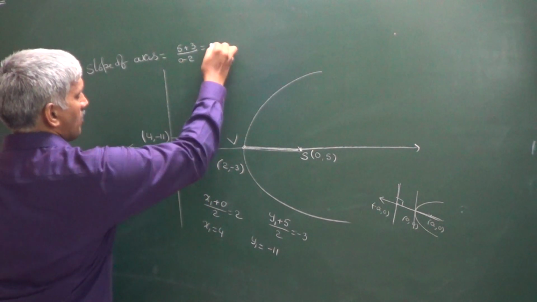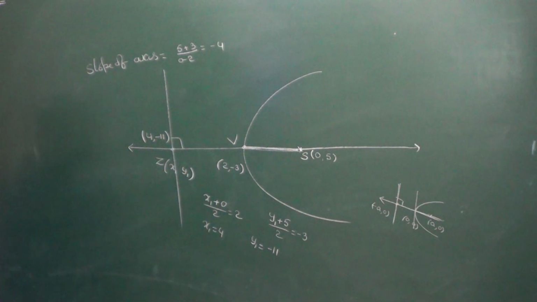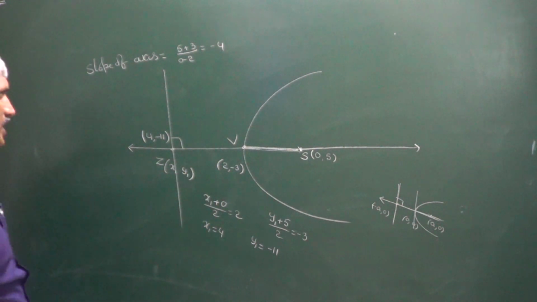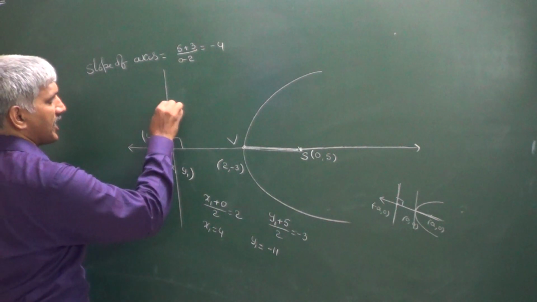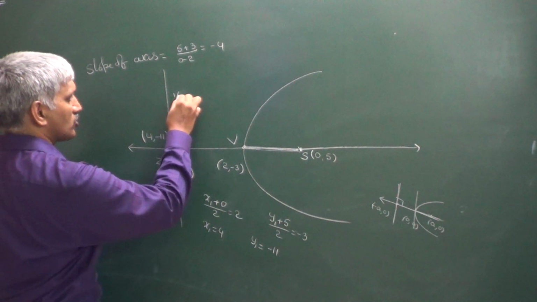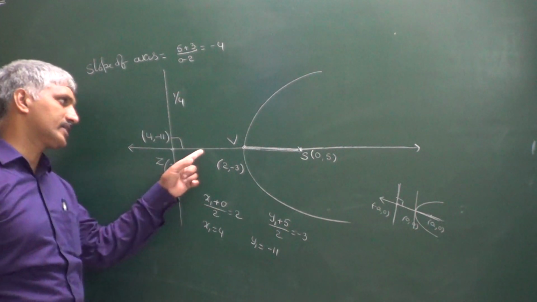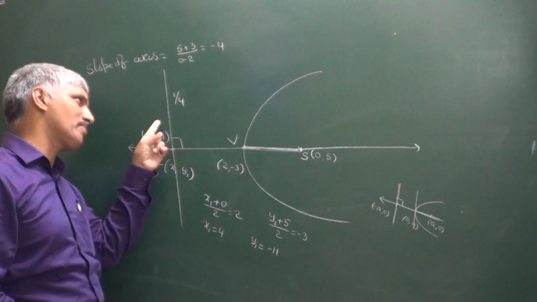Therefore, we are getting minus 4 as the slope of the axis. Our axis slope is equal to minus 4. Then what is the slope of the directrix? The directrix slope is equal to 1 by 4 because the axis and the directrix are perpendicular.